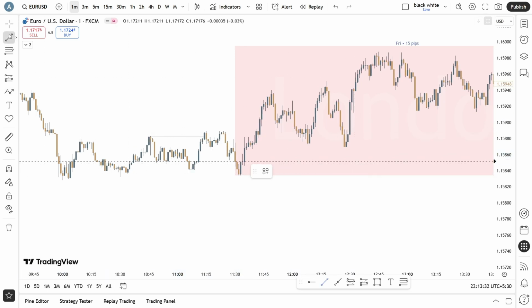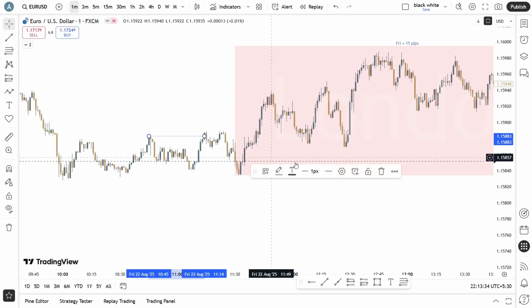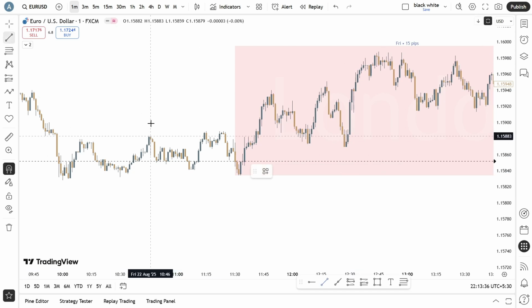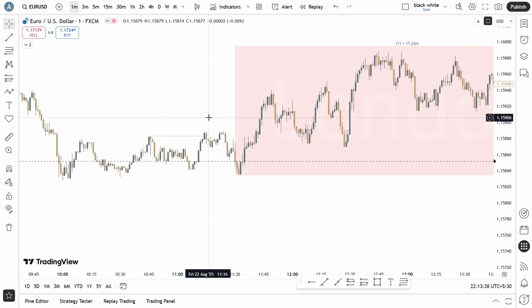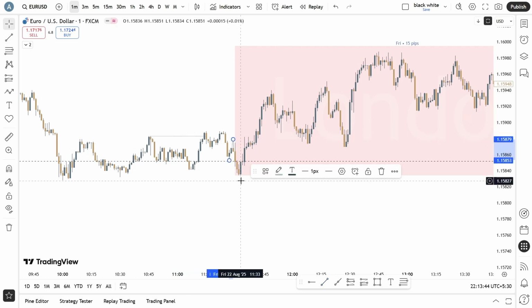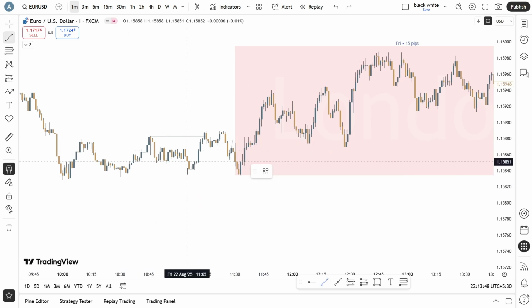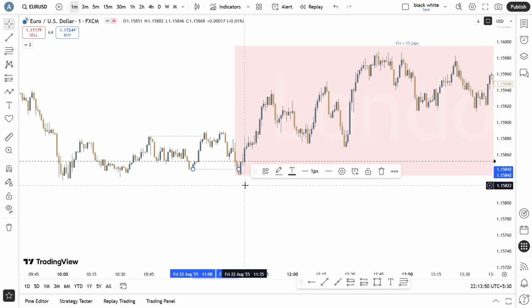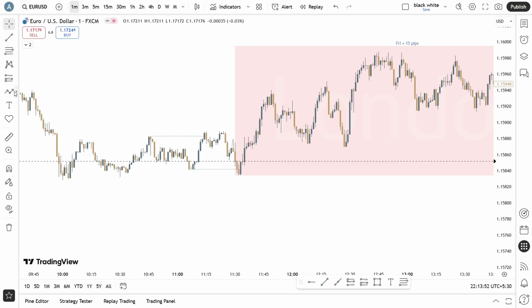In this situation, what we see is that the price made this high and we moved lower. The price tried to move higher and we moved down to take the liquidity of this low. And then again, the price attempted for the second time and we moved higher.